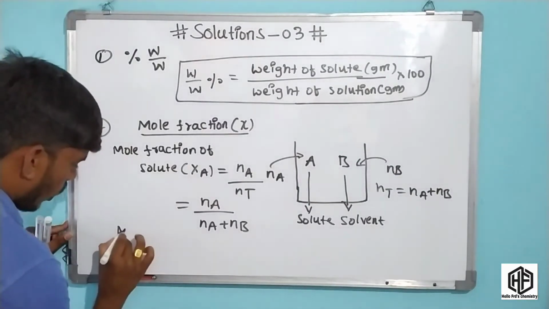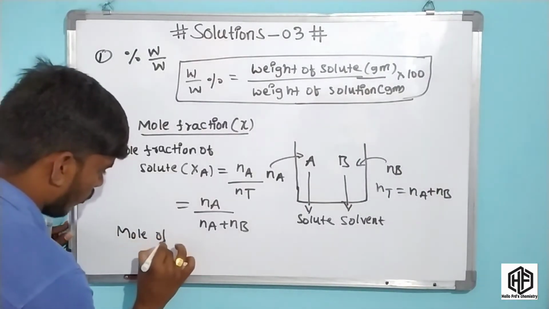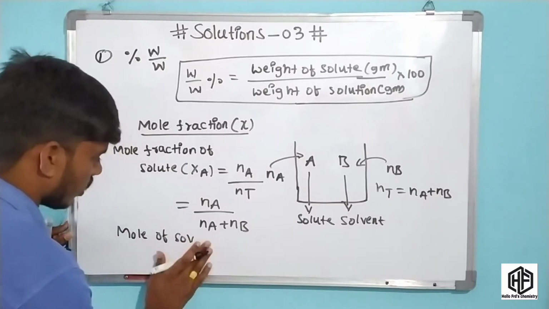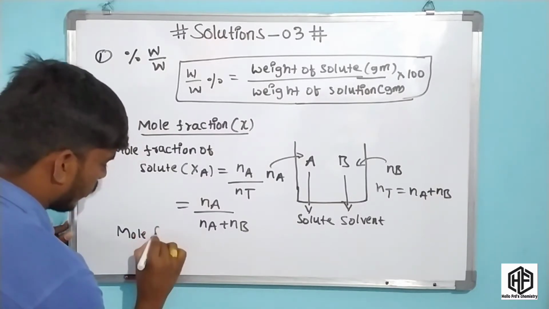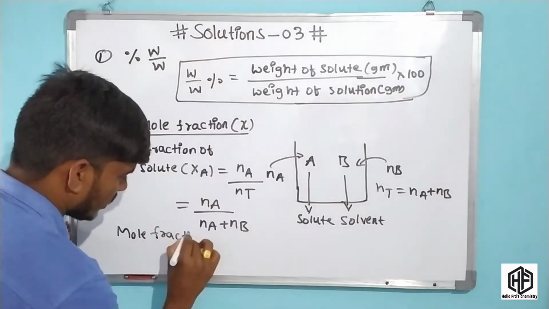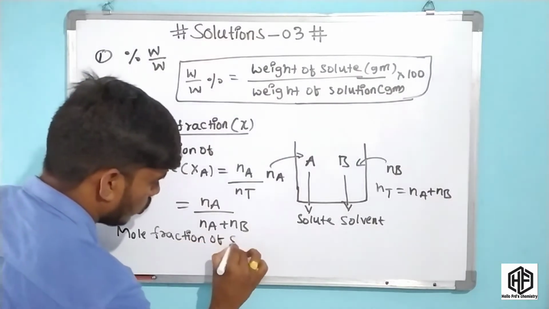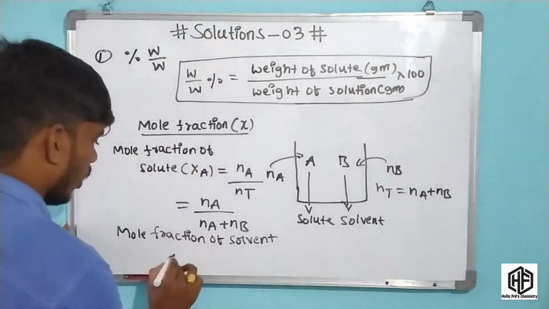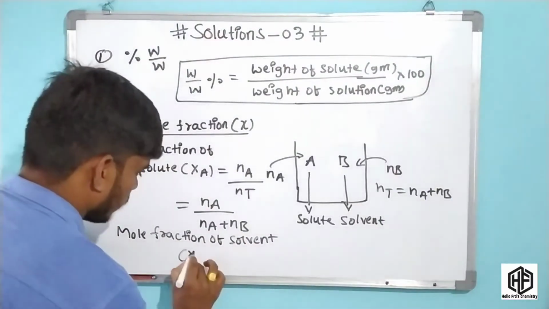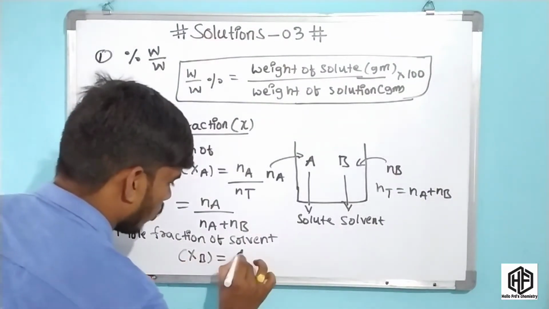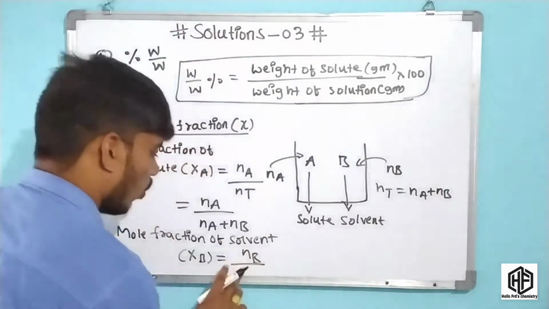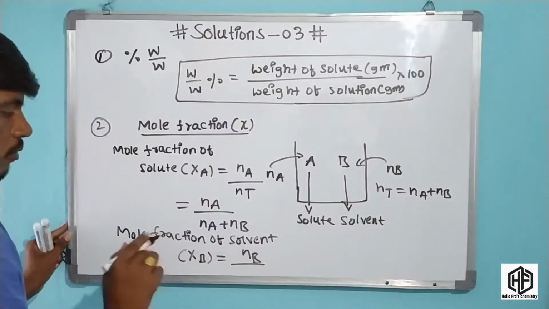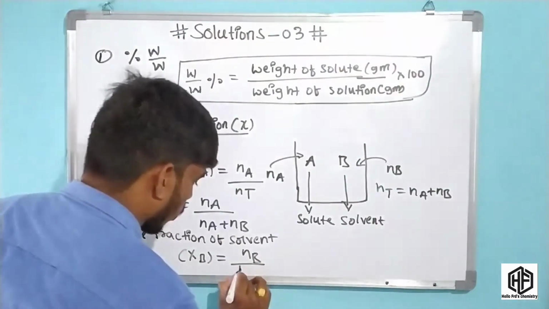Now what about the mole fraction of solvent? The mole fraction of solvent is represented by zeta B, which is equal to the number of moles of solvent divided by the total number of moles.